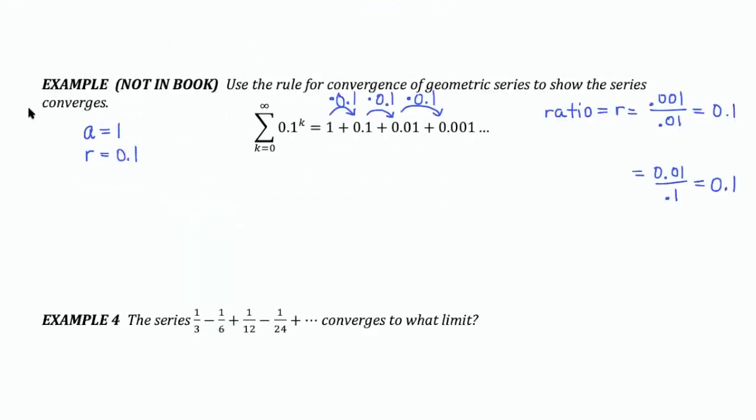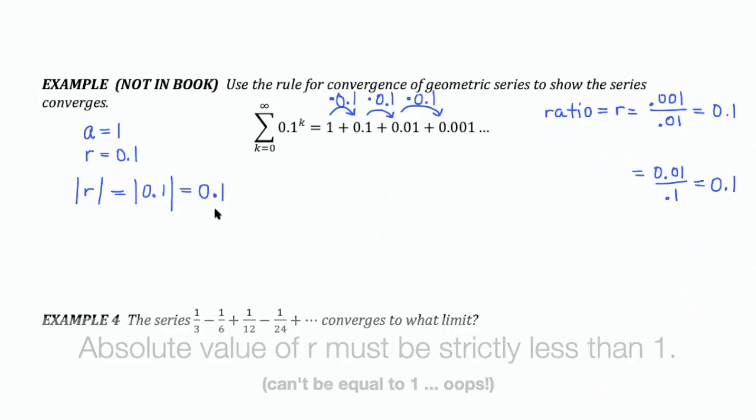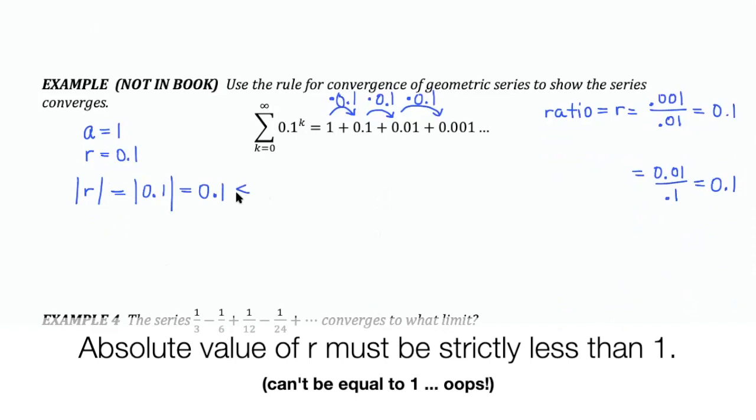So going back here, we have identified our A and our R value. We now want to check what the absolute value of R is. The absolute value of 0.1 is, of course, 0.1. And because that is less than 1, we know this geometric series converges.